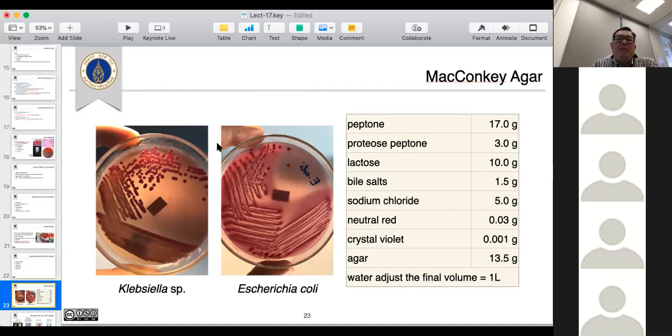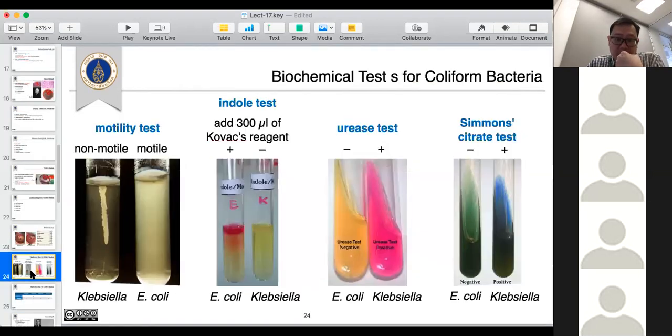It turns to a pink colony on MacConkey agar. To differentiate between Klebsiella and E. coli: for E. coli, the pigment diffuses in the agar a lot, but Klebsiella has a bigger colony and looks more mucoid. Both are lactose fermenters. But some strains of E. coli do not diffuse like this, so you need to use other biochemical tests.